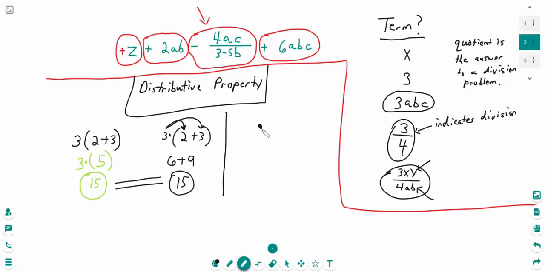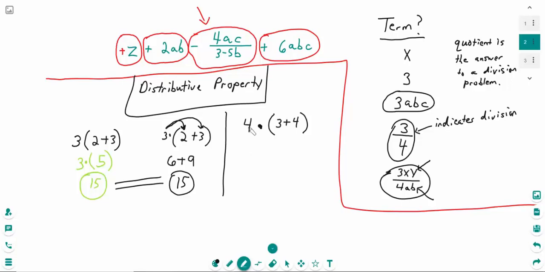So if we have a multiplication problem where we have a number, or it could be a variable, being multiplied by something that's being added, so something within parentheses, we can distribute that, in this case, that 4 through the parentheses, over the addition is another way to say it.